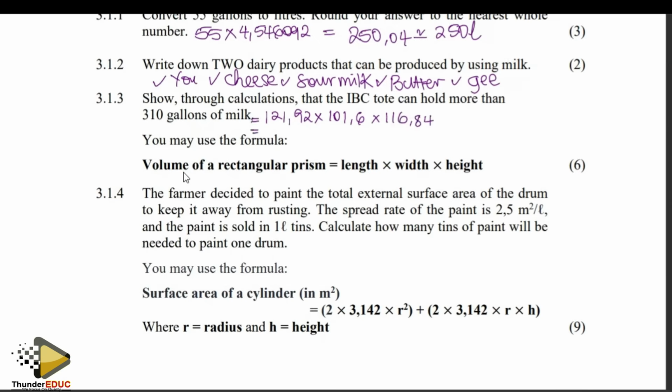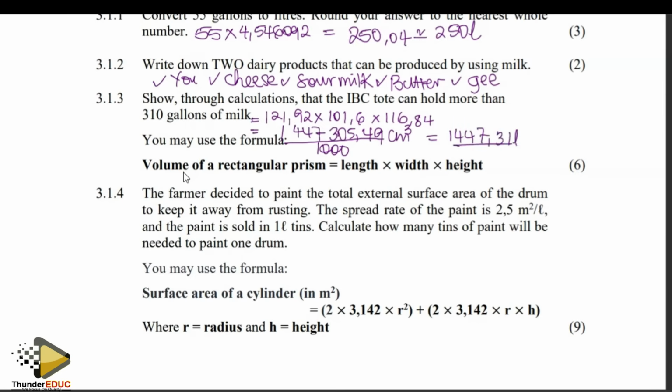So here we ended up having 1,447,305. These are centimeters what? Cubed. So how do we change them to liters? We divide by 1,000, and that brought us to 1,447.31.